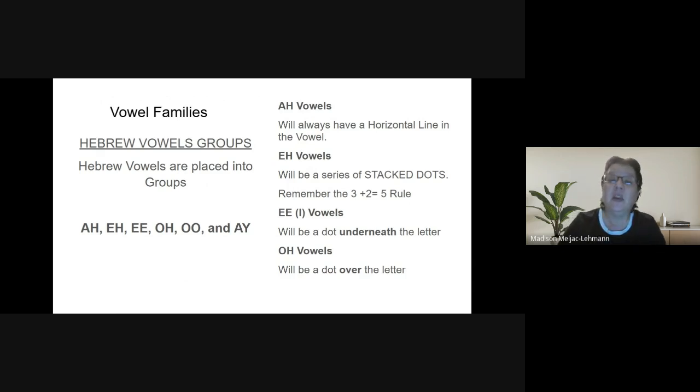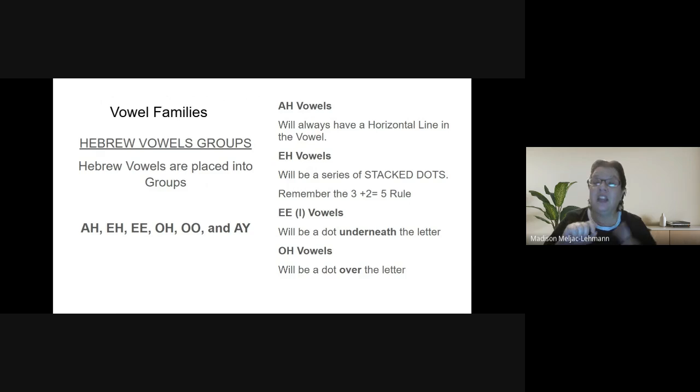The same thing with the next set of vowels, the EH vowels. Again, it's a series of stacked dots. And the reason why I say that is because EH vowels always have a friend. There's either two dots, that's tzere. There's three dots, which is segol. It's hard to do this with my fingers.